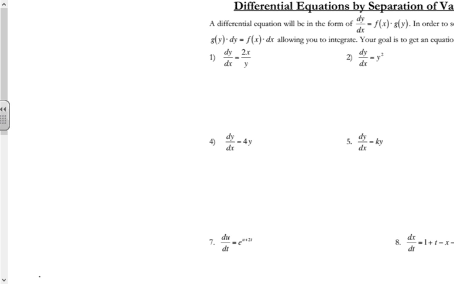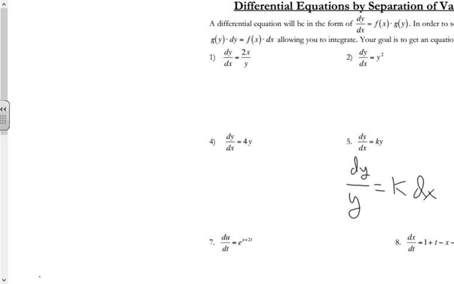For question number 5, they told me it's the same as number 4, except instead of 4 times y, it's k times y. This is going to be the shortcut that we're going to see often. Maybe I won't go too much into that today. Yeah, I messed that up. So I'm going to put the y on the bottom here, the dx over here.